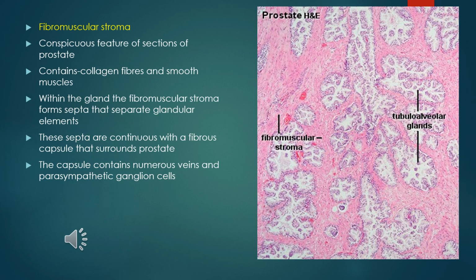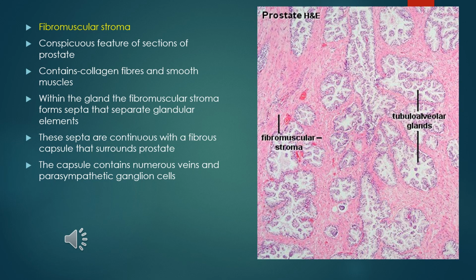Other than the glandular elements, the important feature in the prostate is the fibromuscular stroma. From the name itself, it contains a smooth muscle component plus collagen fibers.